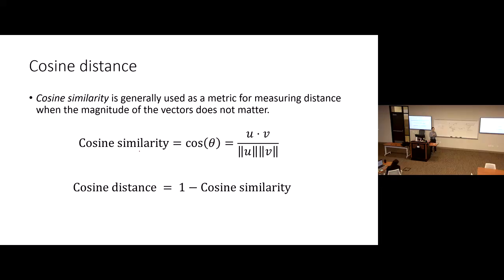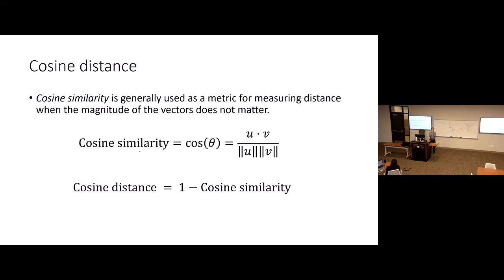If you have two vectors going in the same direction, the similarity is the largest. The value is 1, cosine theta. But if you have two vectors that are orthogonal, the similarity is 0.